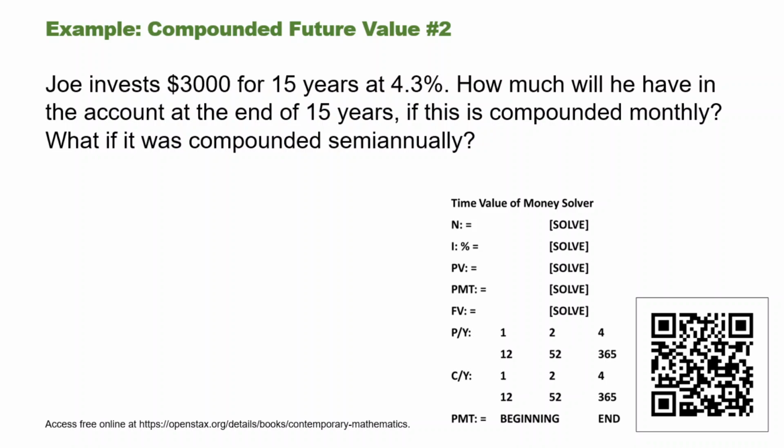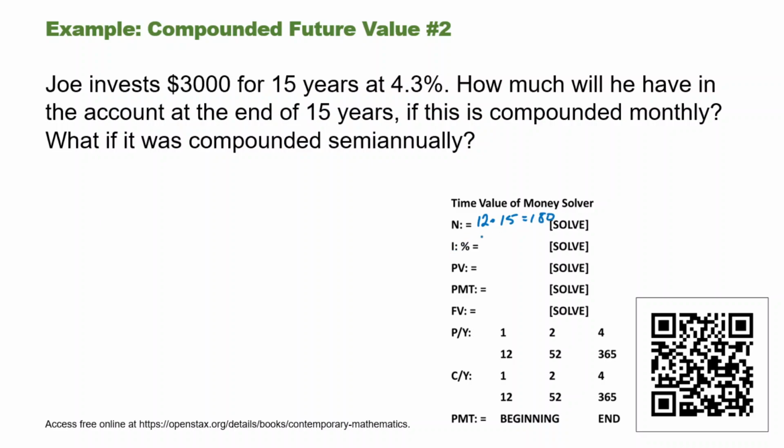Well, let's fill in our time value of money. First, considering that it's monthly. So capital N for monthly would be 12 times 15, compounded 12 times per year, monthly, for 15 years. 12 times 15 is 180.